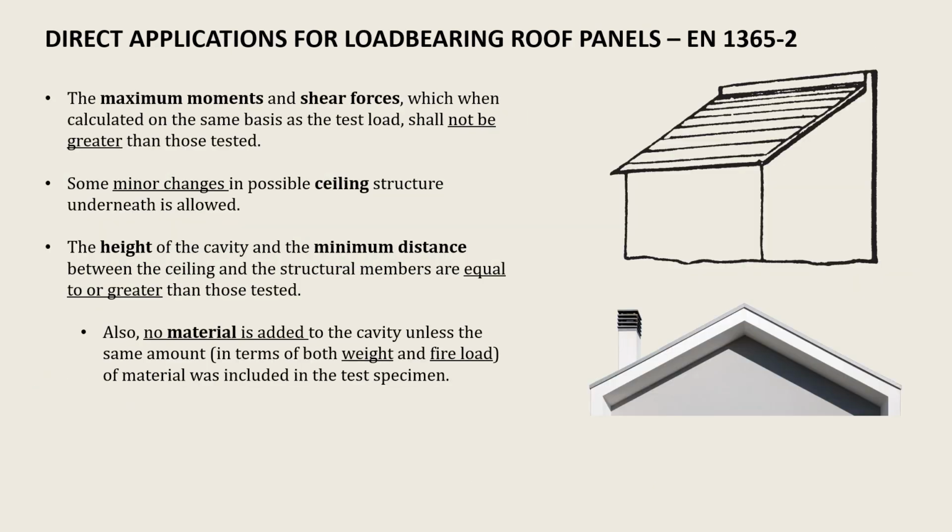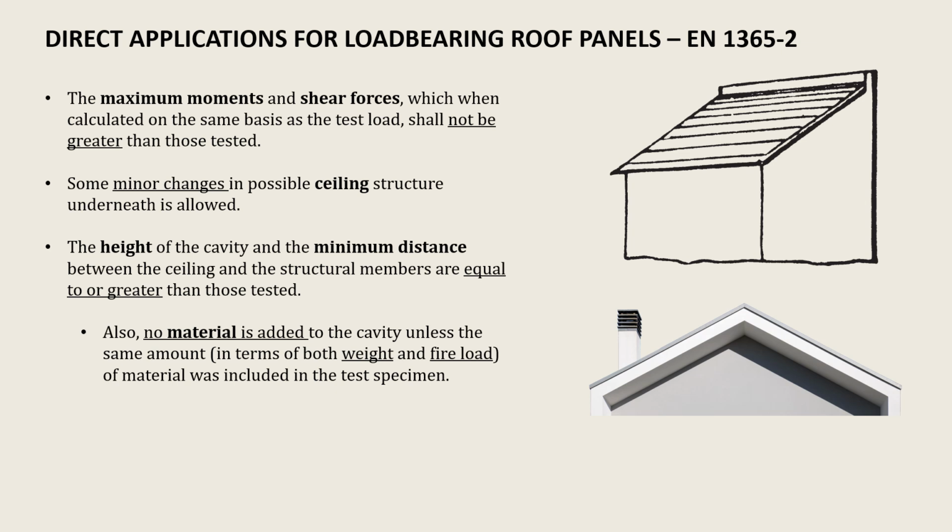When applying the fire test results of load-bearing roof panels under EN 1365-2, the following conditions must be met. First, maximum moments and shear forces calculated for the roof panel must not exceed those tested under the same loading conditions. Minor modifications to the ceiling structure beneath the roof are acceptable, provided they do not change the tested configuration significantly.